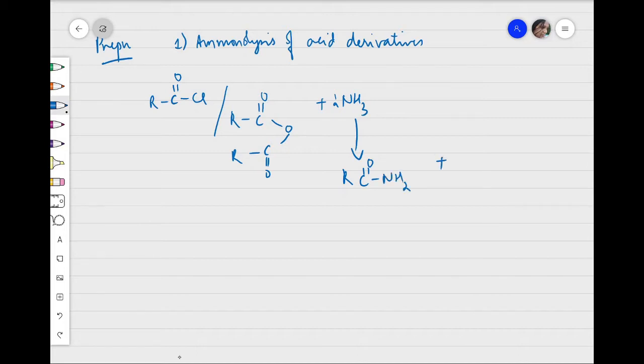If you had taken the acid chloride, you would have got ammonium chloride as a side product. If you had taken the anhydride, you would have got the ammonium salt of the acid as the byproduct. So this is a typical reaction which goes by the mechanism which we have discussed extensively.